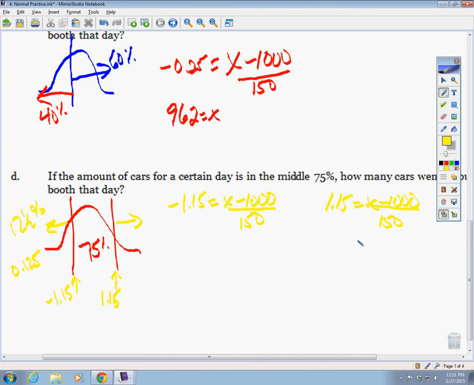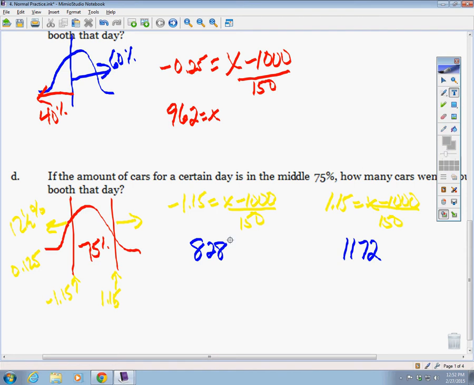Okay, and again, multiply out the 150, add the 1,000, and we get 827.5. And honestly, if we're talking about the number of cars, that doesn't make sense, so I'm just going to round that up to 828. So that means the lower bound is 828. Well, what's the upper bound? Again, add 172, because that's 172 below average, and we get 1,172.